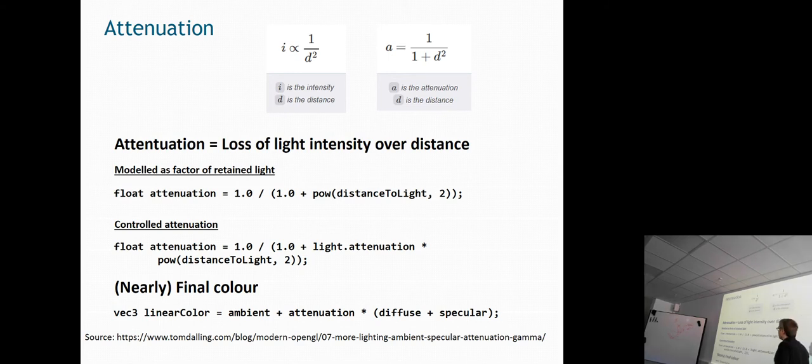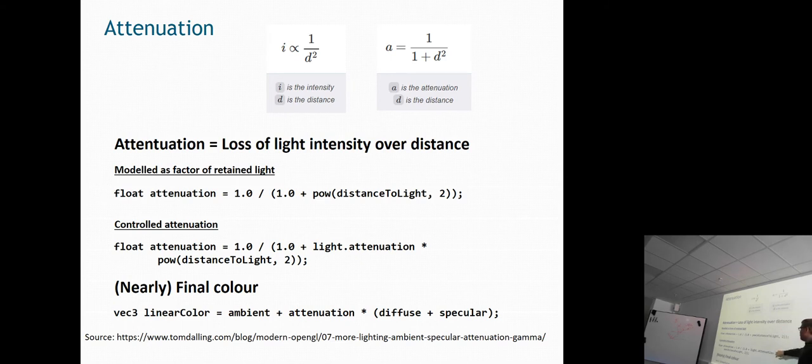To model it, one possible approach is to use some sort of attenuation as a factor of retained light, the light that you actually retain over a given distance. We can calculate it this way. Idealized, it would be directly 1 divided by the distance to the power of 2.